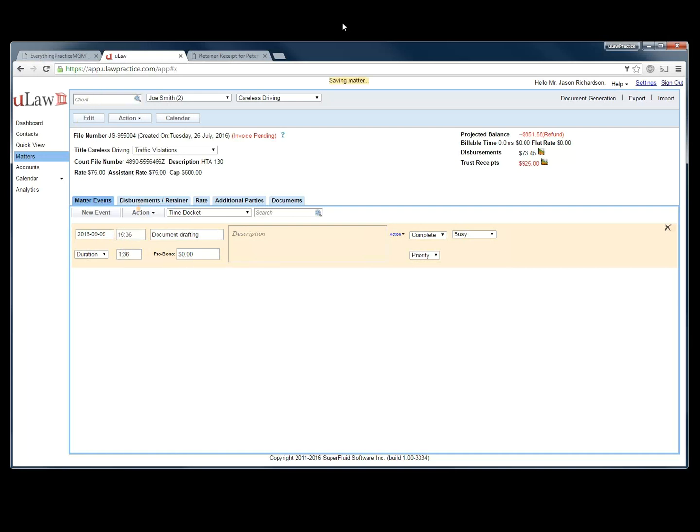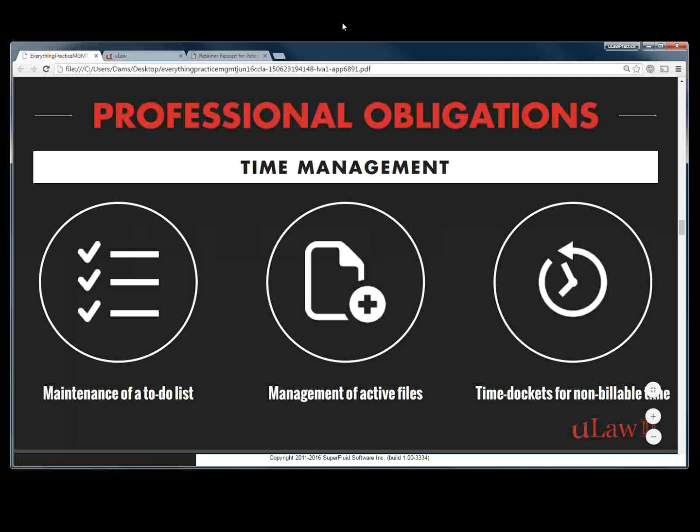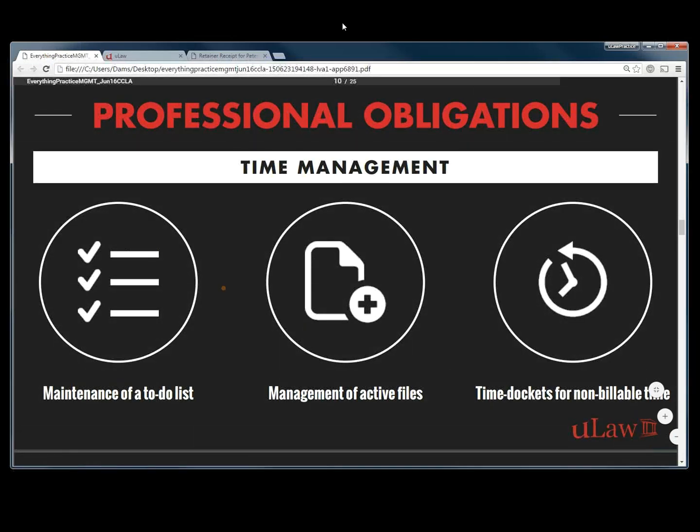That way you document the time you spent and the amount you're charging, even though it's a non-billable item. At the end of the day, you might want to submit a pro bono report to the Law Society, so this can be very helpful.